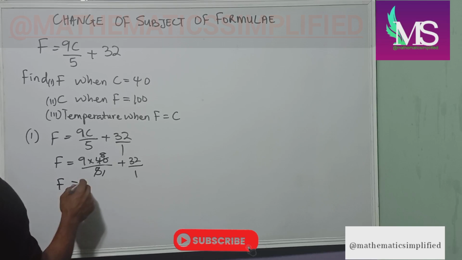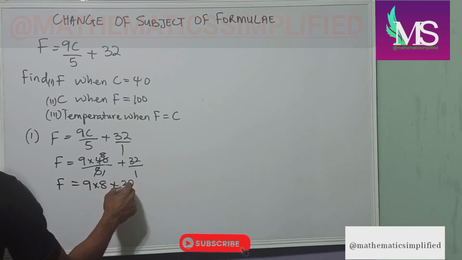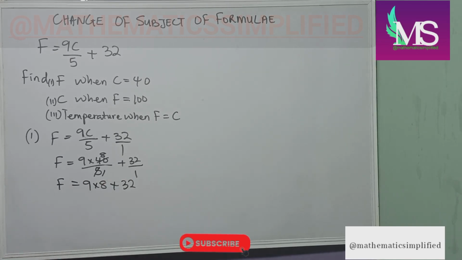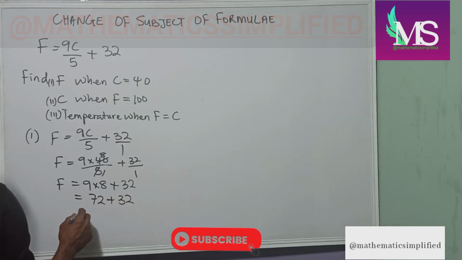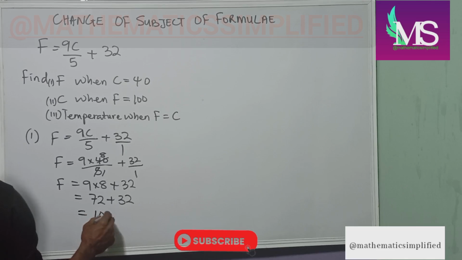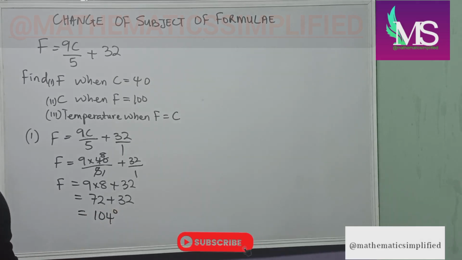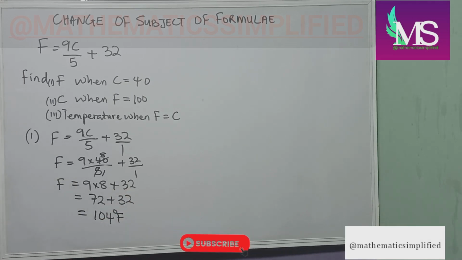This gives us F equals 9 times 8 plus 32. Now 9 times 8 will give us 72 plus 32. 72 plus 32 will give us 104 degrees Fahrenheit. So our temperature at this point is 104 degrees Fahrenheit.